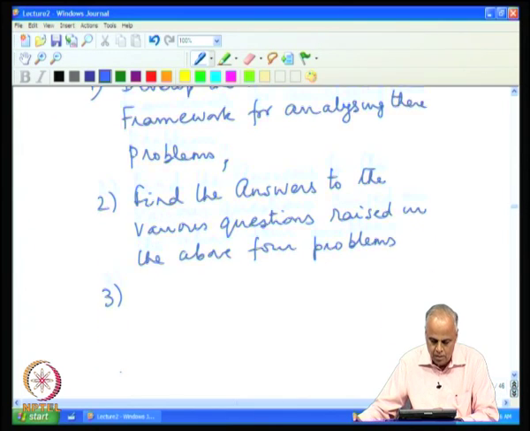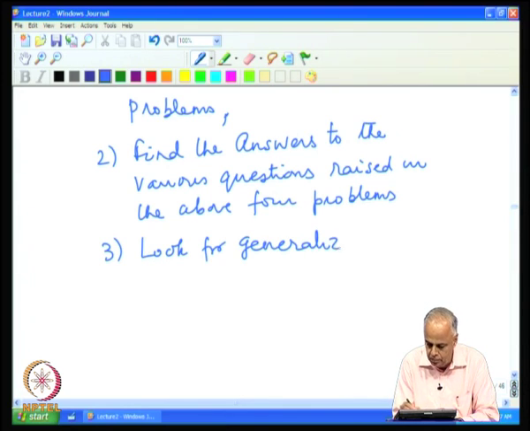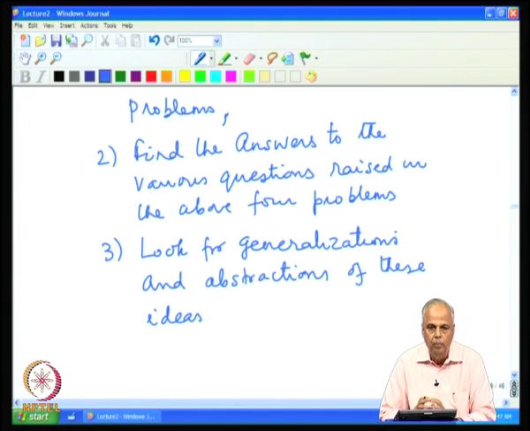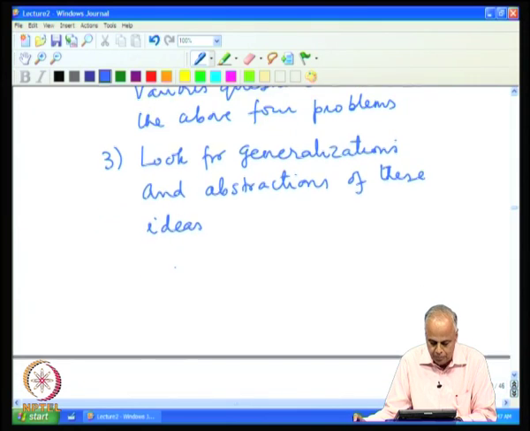Three, look for generalizations and abstractions of these ideas. The main discussions in the course will be driven by these three goals. All our attention will always be to eventually attain these three goals.